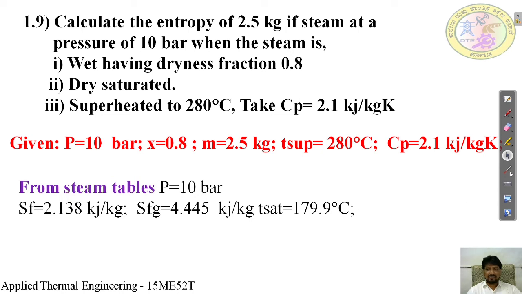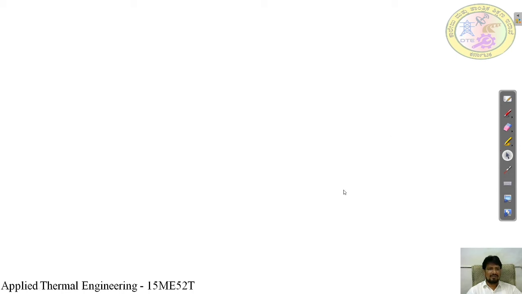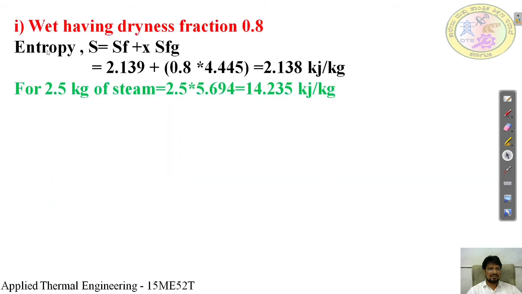Now for the first condition, wet steam having dryness fraction 0.8. We know the formula: entropy of wet steam S is equal to Sf plus x into Sfg, where Sf from the steam table is 2.139, x is 0.8, and Sfg from the steam table is 4.445.